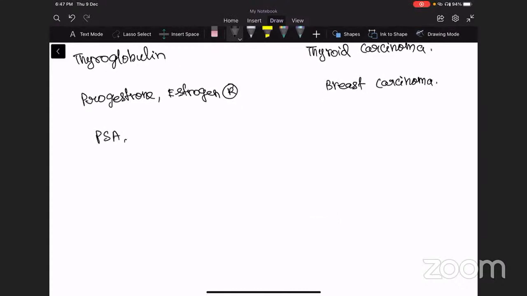PSA, prostate specific antigen, is the marker for prostate cancer.